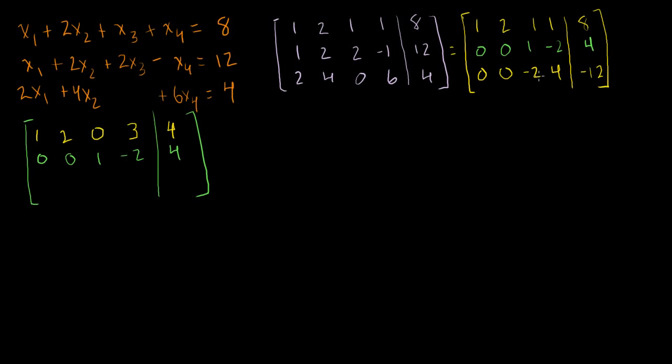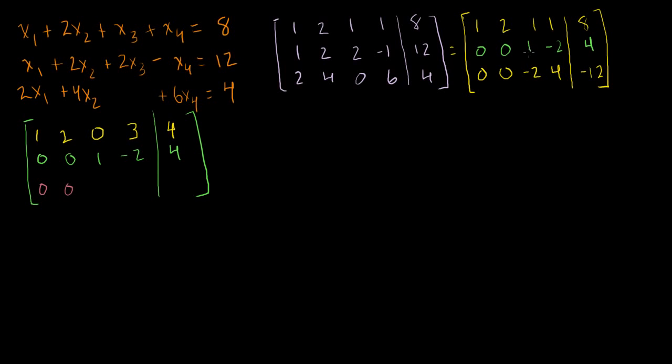There you go. And now how can I get rid of this guy? Well, let me replace row 3 with row 3 plus 2 times row 2, because then you'd have minus 2 plus 2 times this, and they'd cancel out. So let's see. 0 plus 2 times 0 is 0. 0 plus 2 times 0 is 0.